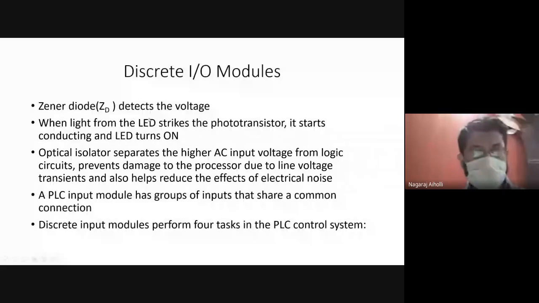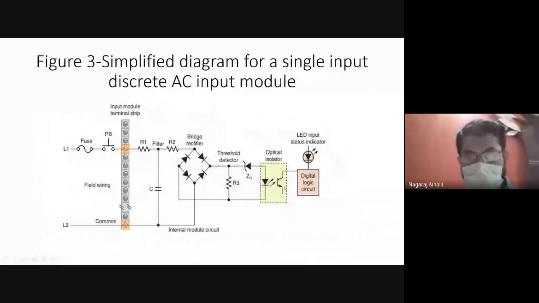When light from the LED strikes the phototransistor, it starts conducting and the LED turns on. The light from this LED falls on this phototransistor, and hence light is converted into electrical energy. It turns on. This LED, which is connected at the output of this phototransistor, turns on.